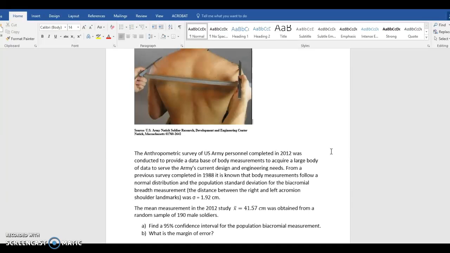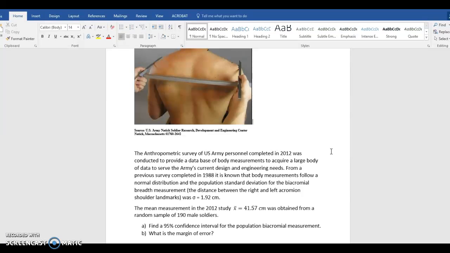It wasn't that people were necessarily taller or fatter or anything like that. It was that they had more girth, or bigger bones or something.